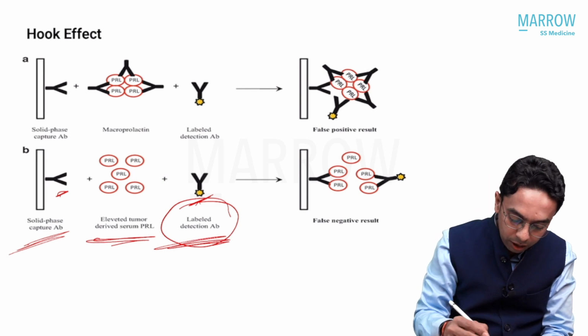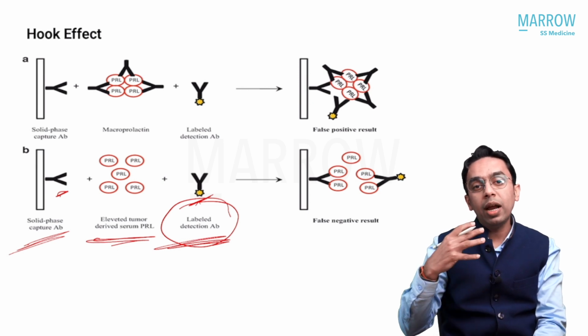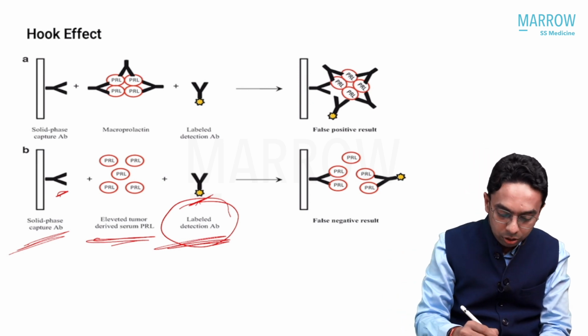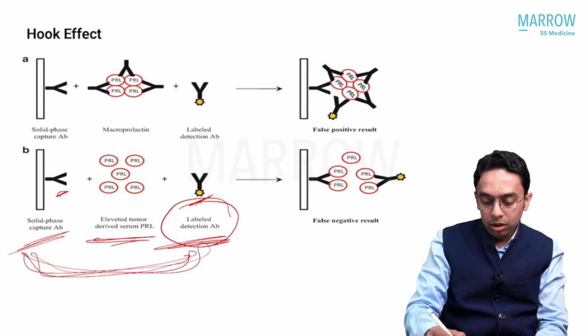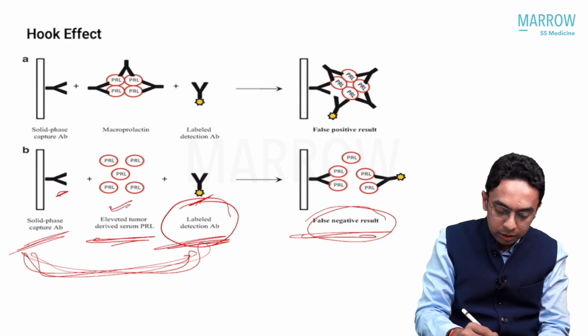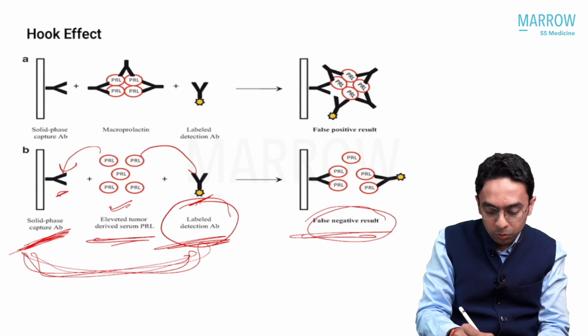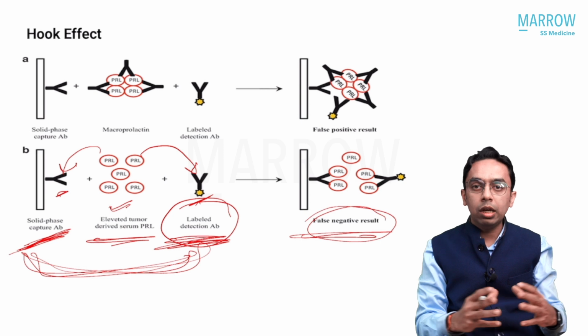Okay, so what happens in macroprolactinoma? The prolactin is very, very high. So this sandwich is actually not formed, and we get a false negative result. The prolactin is so high that it will bind to the solid phase, and will also bind to the labeled antibody separately, but when you wash, there is no sandwich.